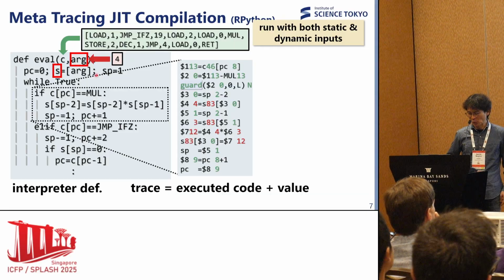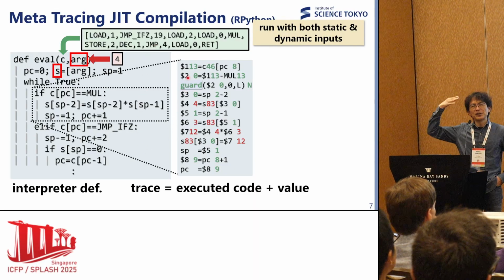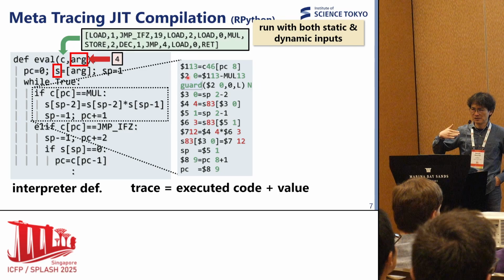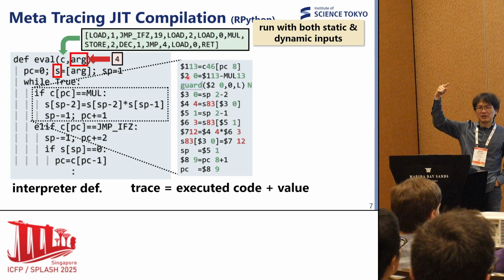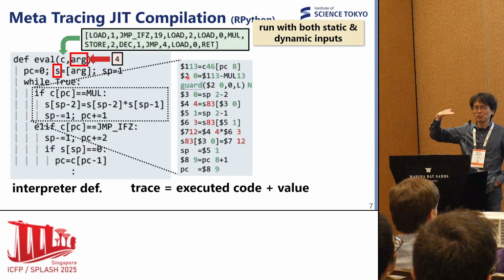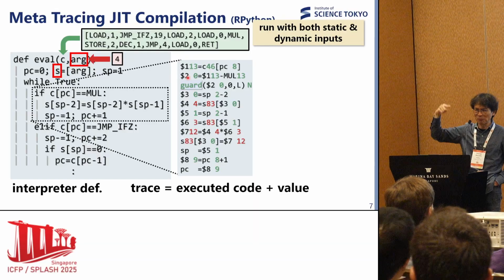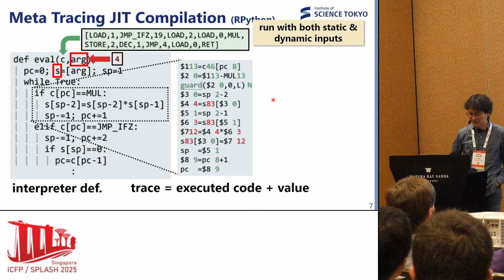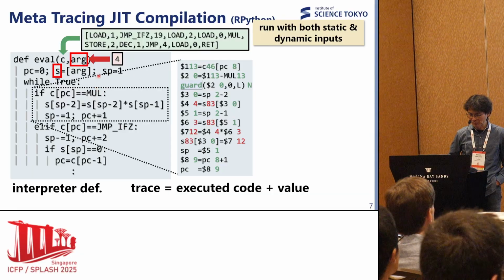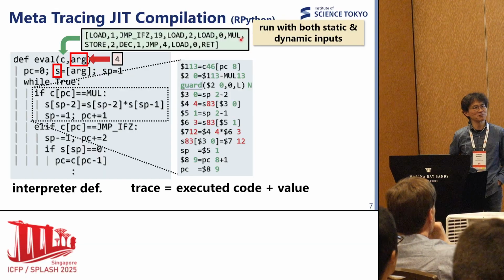Then RPython, or the framework, actually executes this program and creates a trace of execution. A trace is a series of instructions that was actually executed on a particular run. In this case, for example, in the middle of this code there's a multiplication instruction.